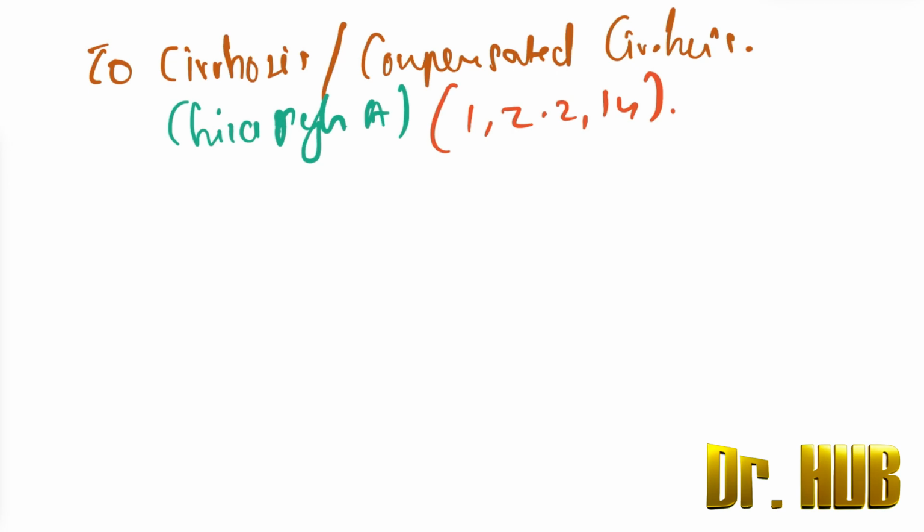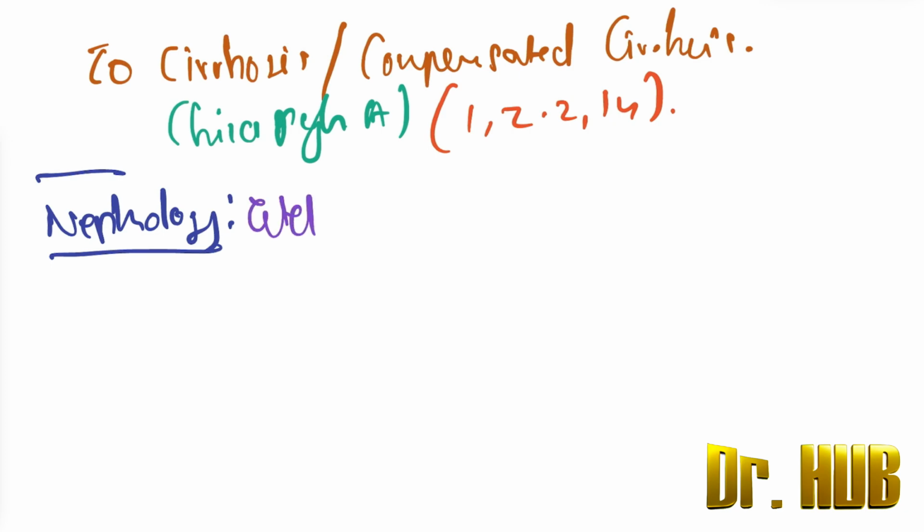Next we move on to the nephrology. In terms of nephrology, there is the etelcalcetide. So this is a calcium sensing receptor agonist.